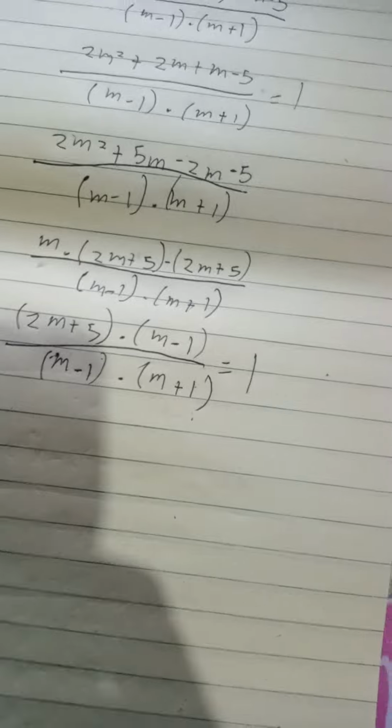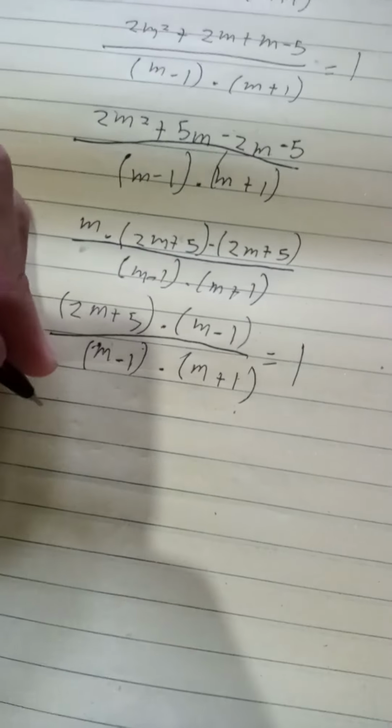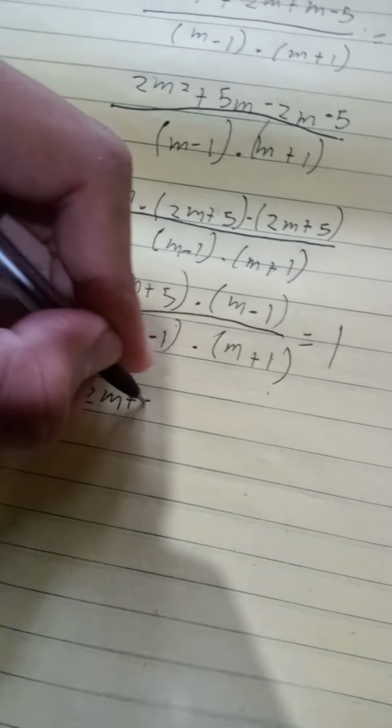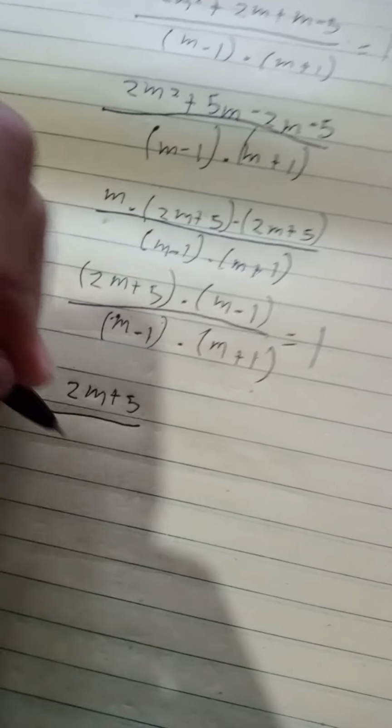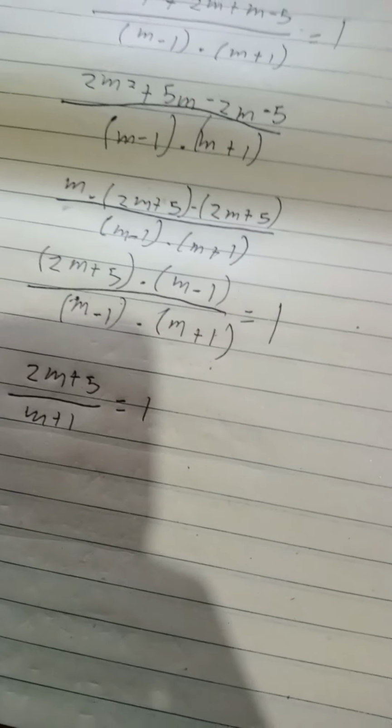So what we are going to do next is multiply both sides. So it will be 2m plus 5 over m plus 1 equals 1. So move the terms.